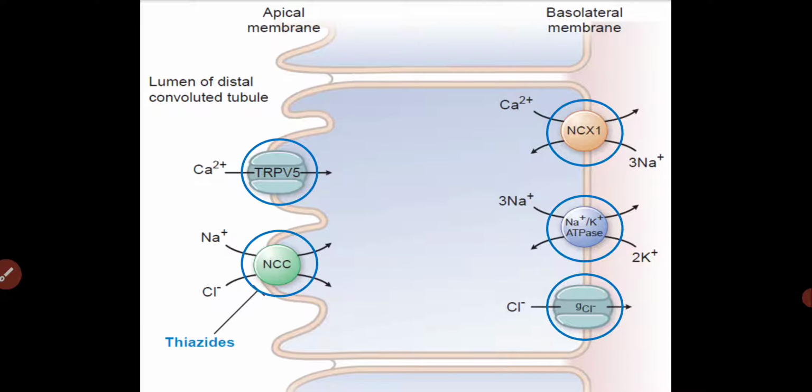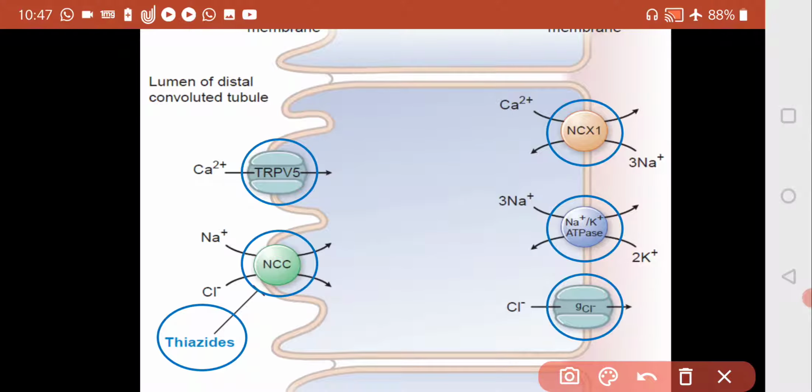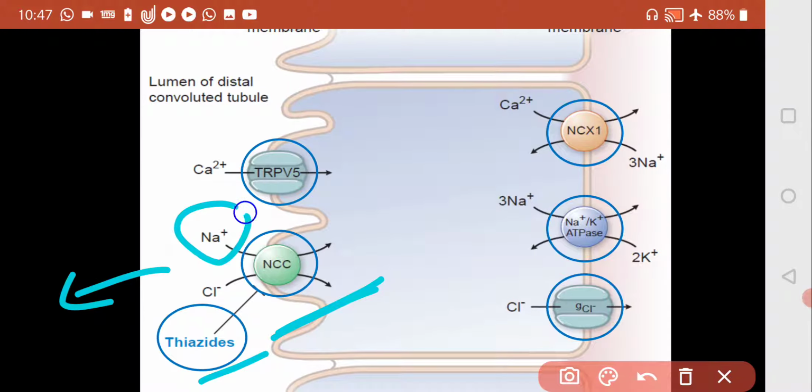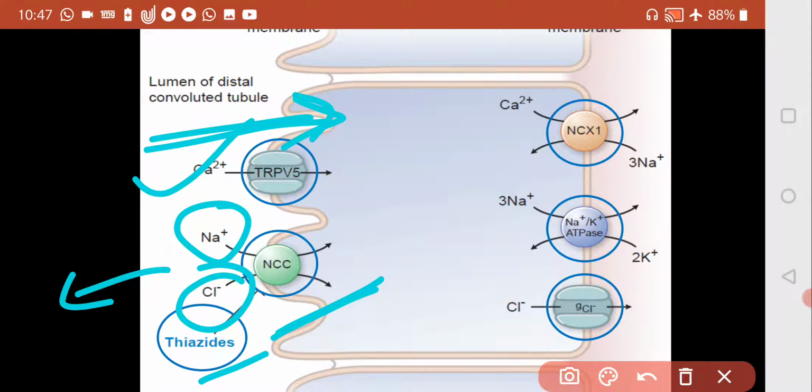Okay, so if we give the thiazide-like drug, then it inhibits this sodium chloride co-transport. So there is excretion of more sodium and chloride. And by an unknown mechanism, it absorbs the calcium from the renal tubules into the cell in our body.